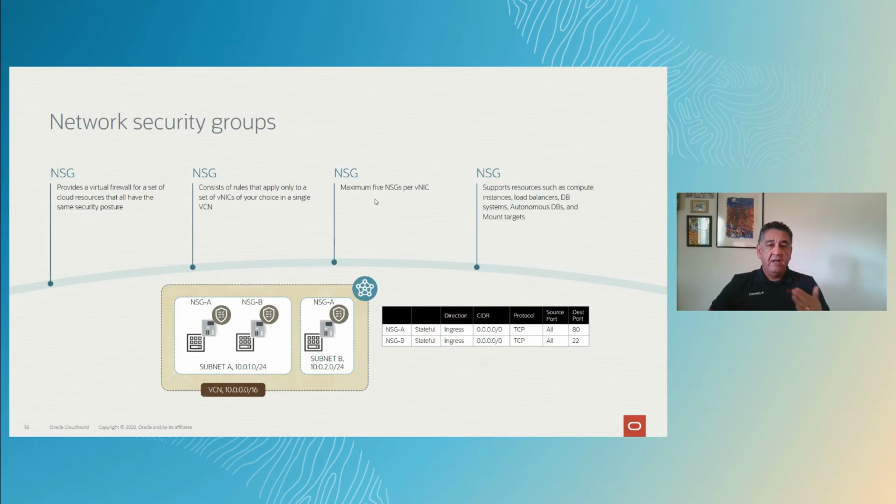So you can work however is best suited for you. Oracle recommends working with network security groups over security lists because it allows for more fine-grained, detailed configuration. It can get a little bit more complicated, so it's up to you to decide how you want to enable that.